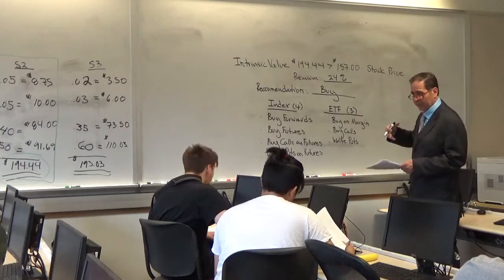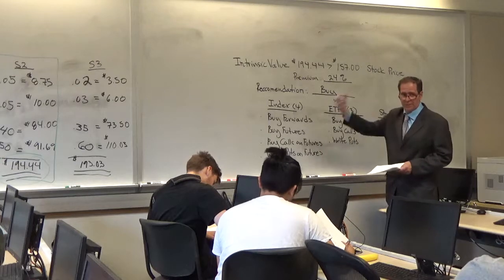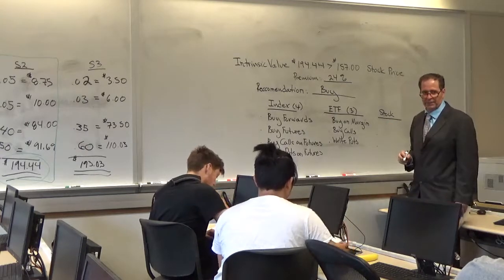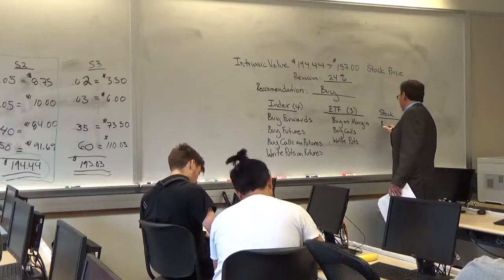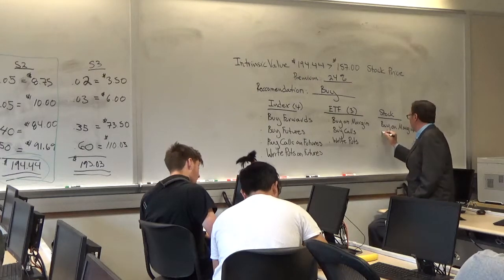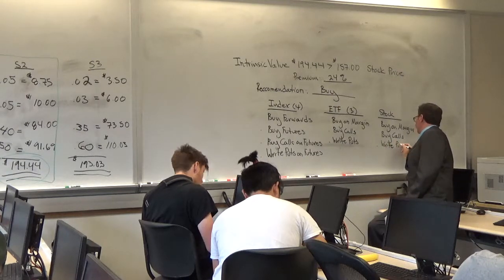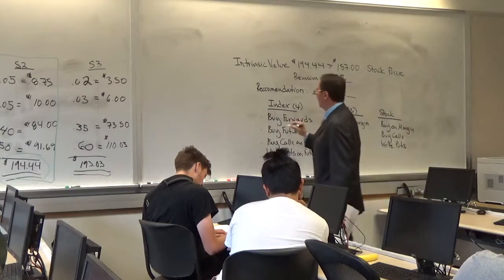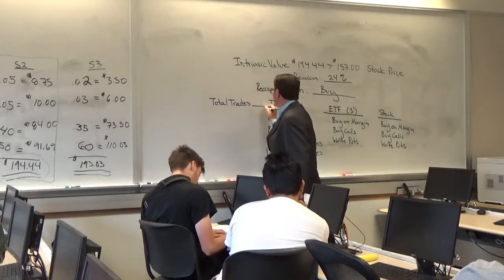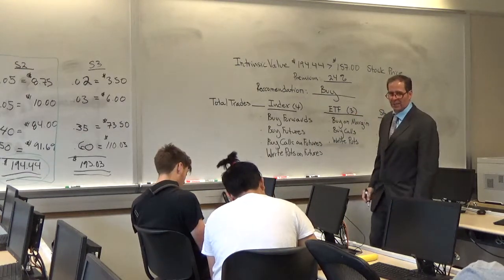So we also recommend for these stocks, and for other stocks similar to these types of companies, that you make the following trades, which are buy on margin, buy calls, and write puts, for a total trades of how much? 20. 20 trades.